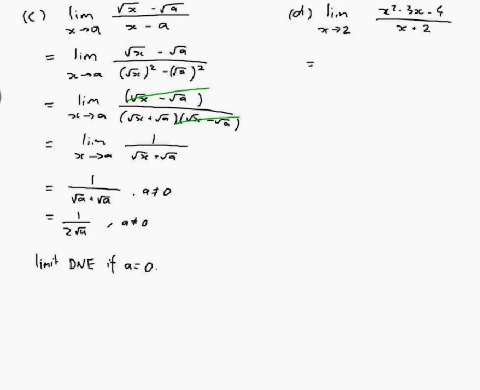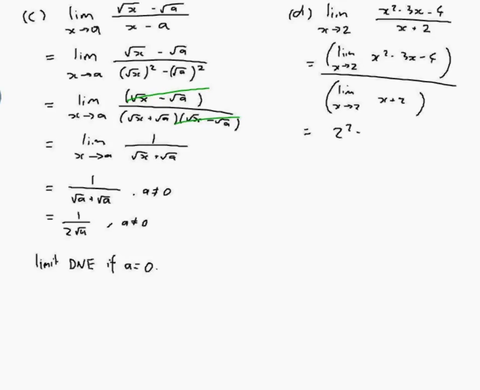Well, just looking quickly, the limit of the top exists and the limit of the bottom exists and isn't 0, so I can just do the two limits separately. So let's do the limit of the top. So the limit as x approaches 2 of x squared minus 3x minus 4 over the limit of the bottom, which is x plus 2. So the limit of x plus 2.